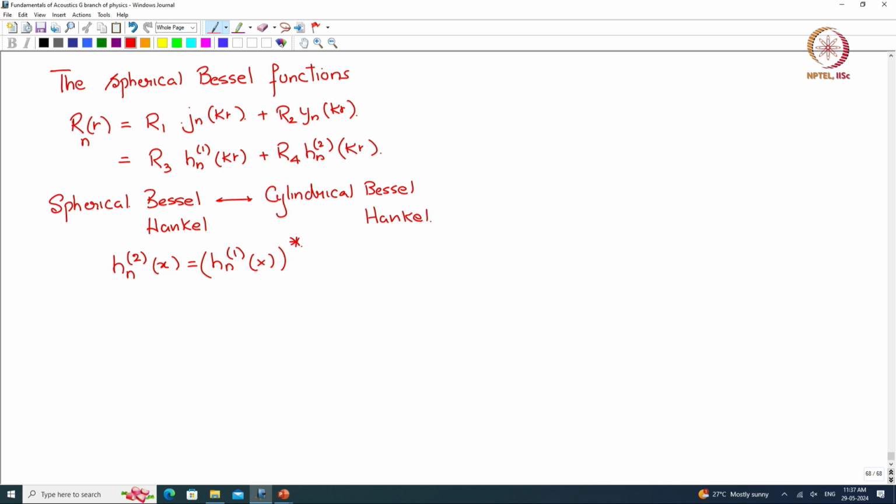Now, let us just look at the spherical Bessel functions first, how they behave. So this is, let us say, x, and I am plotting, let me take a bigger axis.